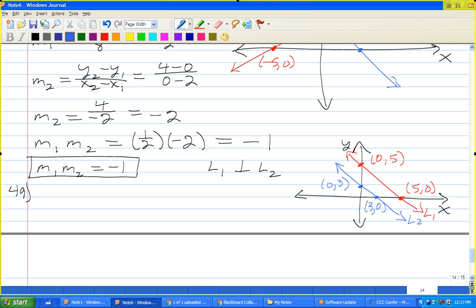Okay, so let's find the slope of each of these lines. So let's find the slope of the first line. So change in y over change in x.